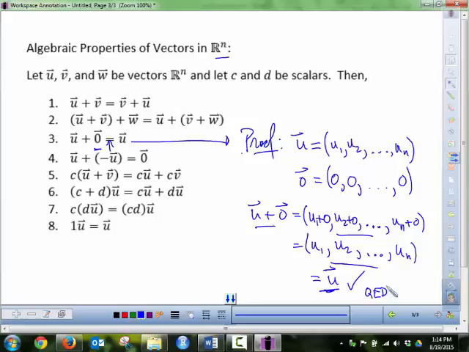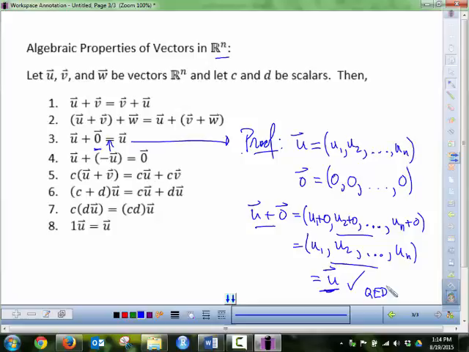So that's the story for proving things. The book has proofs of some. The book proves the first property and second property, so you can take a look at the process of proving things mathematically.